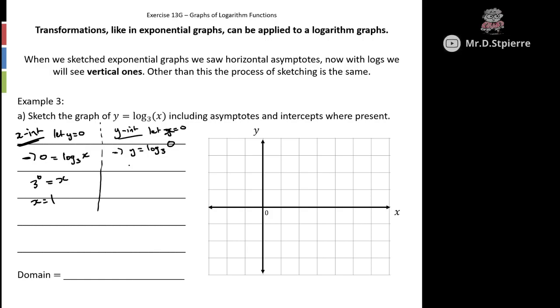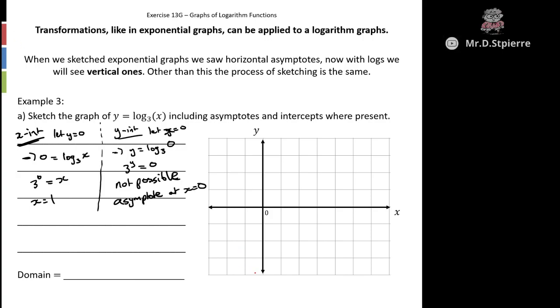So then we get 3 to the y is equal to 0, and that is not possible. 3 to the power of anything cannot be turned into 0. Okay, so that's not possible. So that is actually an asymptote at x equals 0.